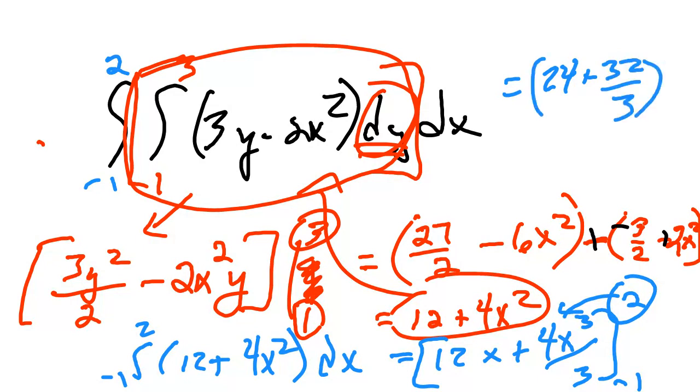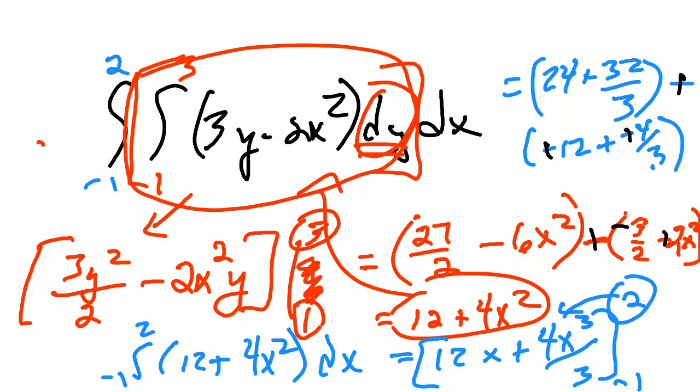And then minus, evaluated when I plug in -1: -1 times 12 is -12, plus -1 cubed is -1, so it's actually minus 4 thirds. Now I'm just going to make my life easier, add the opposite. And so what do we get here? Well, somehow this isn't working out correct.